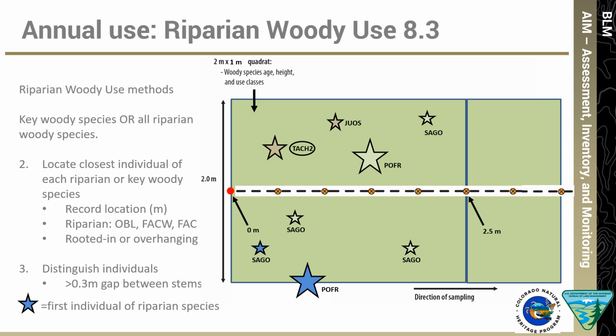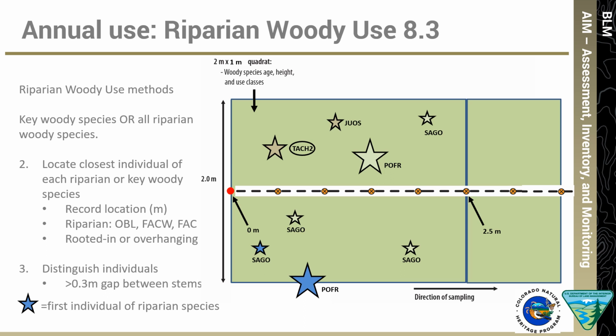So, in this case, there are 4 Salix gooddingii, or SAGO, individuals. Only estimate use on the first one as you're moving down the transect, which here is colored blue. There are 2 Populus fremontii individuals, or POFR, 1 overhanging and 1 rooted in. Estimate use on the first one, which is colored blue here.